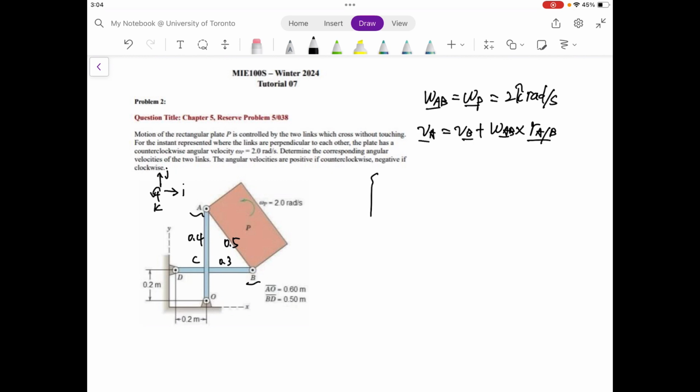So we already have VA is equal to omega AO cross ROA, and VB is equal to omega BD cross RDB.